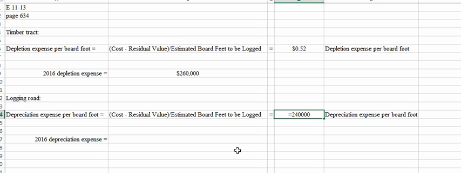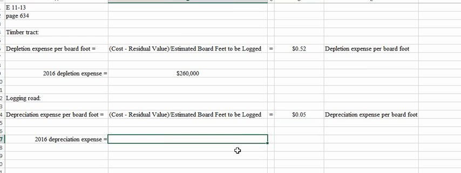No residual value to subtract, and no alternative use, so we don't expect the roads to be really worth anything to us. We're going to take that entire amount as depreciation, and we're going to divide that by the 5 million board feet to be removed. That gives us 5 cents per board foot as how much depreciation we'll take on the logging roads.